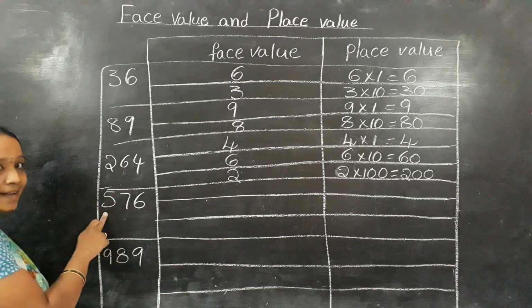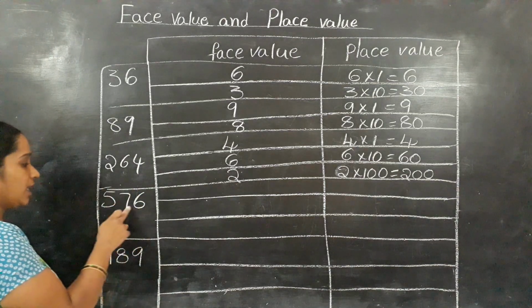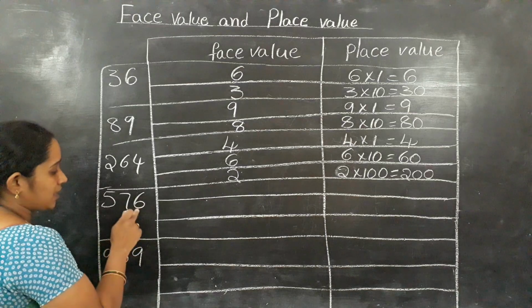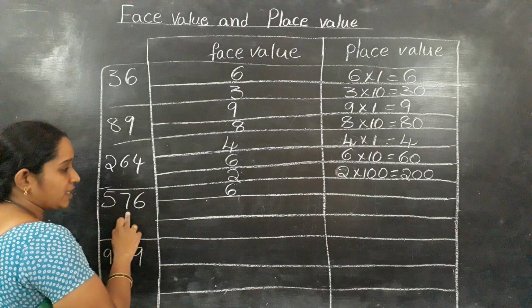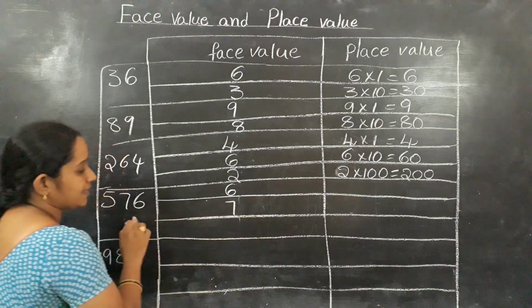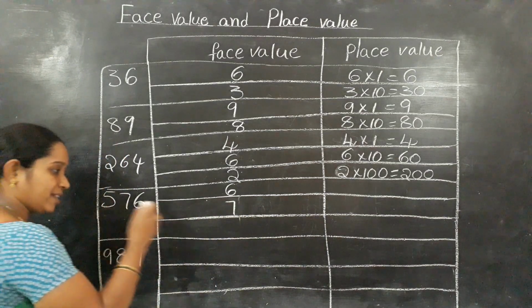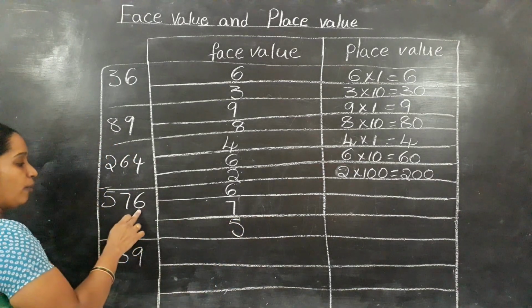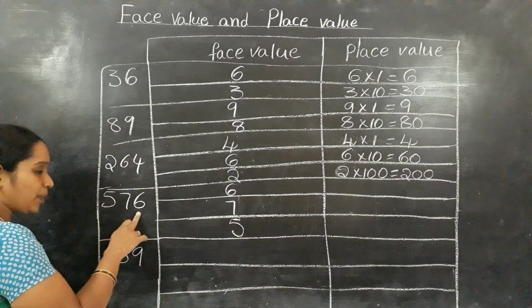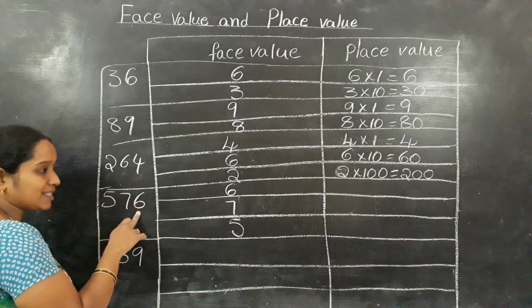Next number, 576. Tell me the face values first. The face value of 6 is 6. The face value of 7 is 7. The face value of 5 is 5 itself. Now, place values. What is the place value of 6? 1's place.